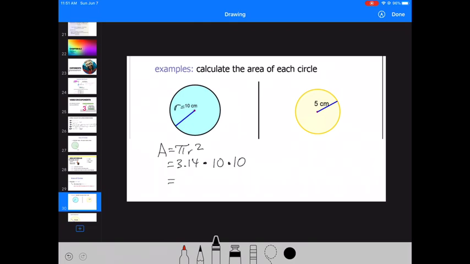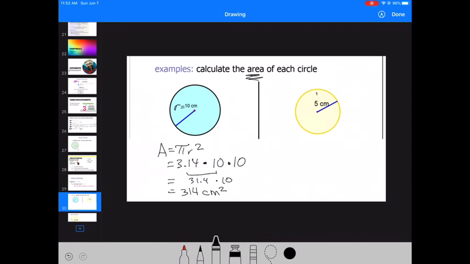Okay, so you have 3.14 times 10. That gives you 31.4 times another 10. So you can do it incrementally. 31.4 times another 10 is 314 centimeters squared, because it's area we're looking for. Okay, do the next one.